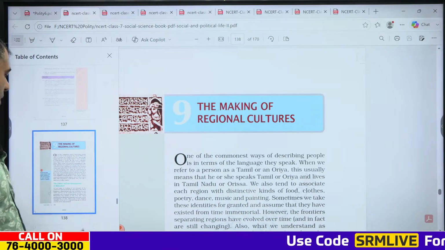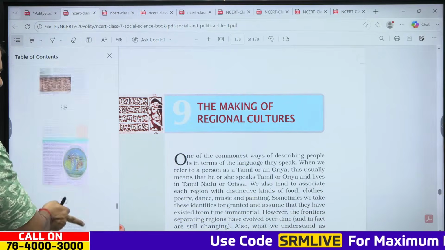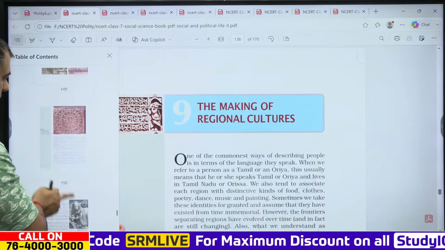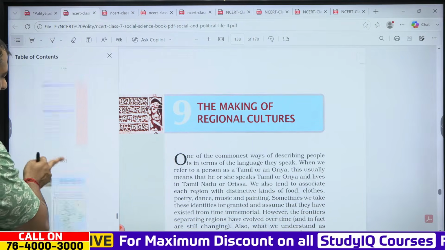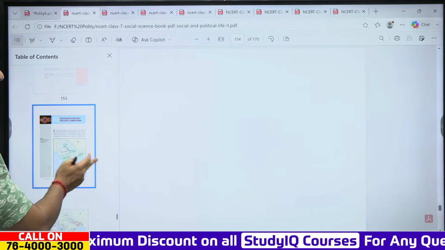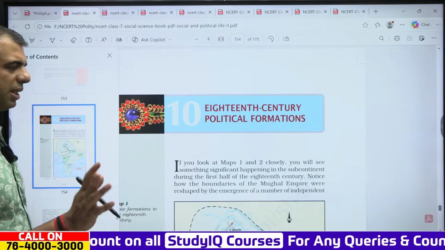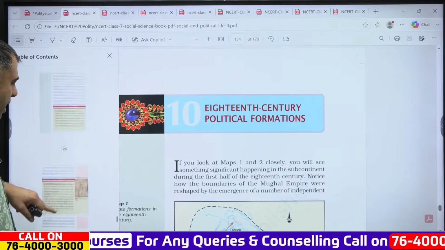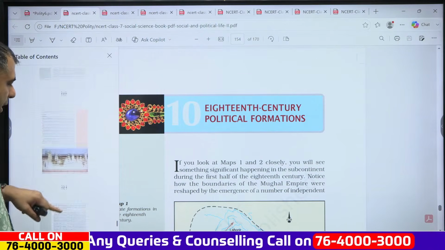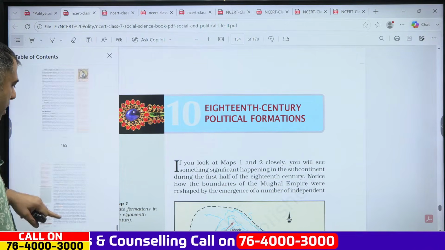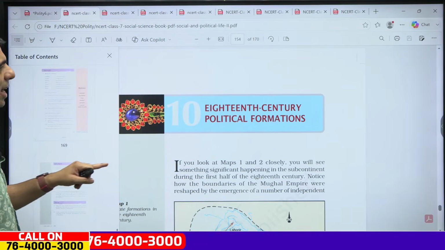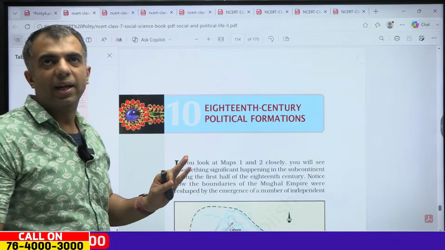Moving further, the next topic in class 7th NCERT is 18th century political formation. These talk about regional kingdoms, which is part of history and has nothing to do with Indian polity. So whenever you are going through class 7th NCERT, there is nothing to be read from it.